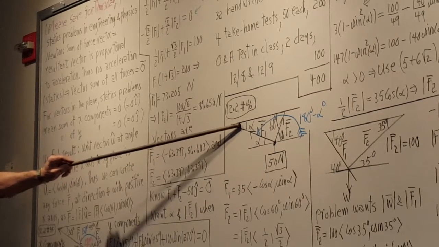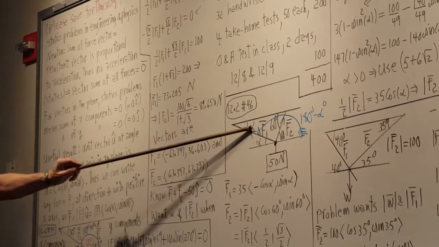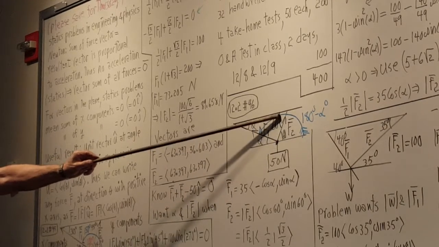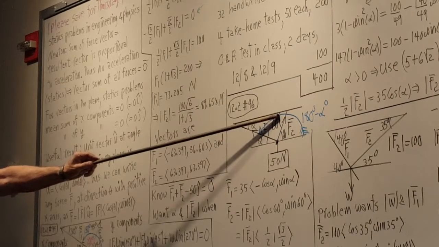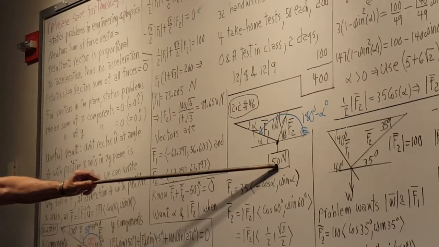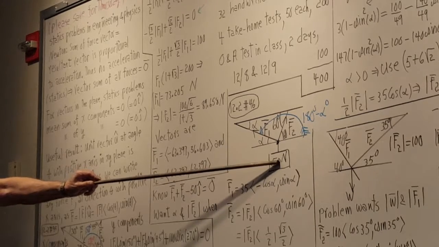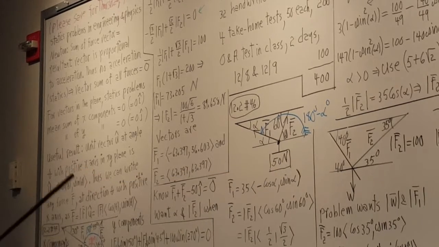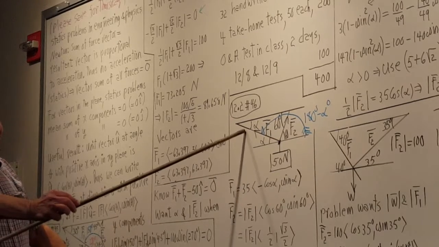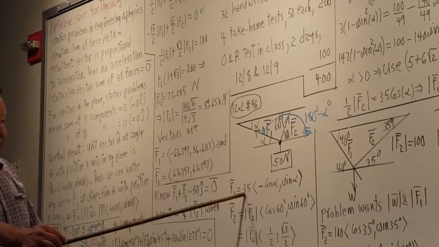You have an angle alpha, which is unknown in this problem. You have this angle, you're told, is 60 degrees. You have the 50 newtons, which is about 11 pounds pulling down, and you're told the magnitude of the force, F1, is 35.